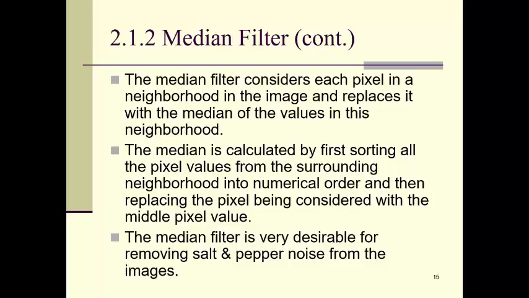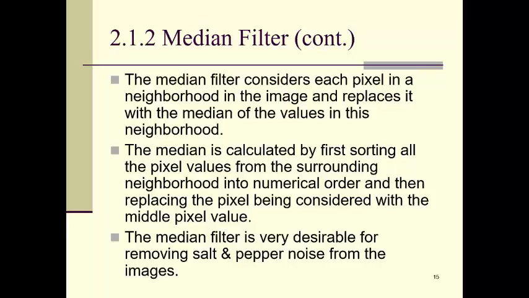Here you will have these 9 values. First of all, sort them in ascending order and take the middle value for this neighborhood of 3 by 3. So we take the middle value, which is called the median.